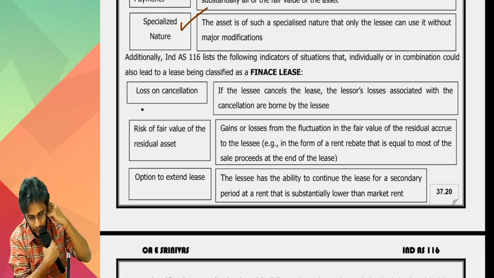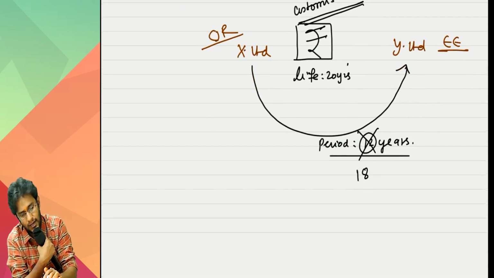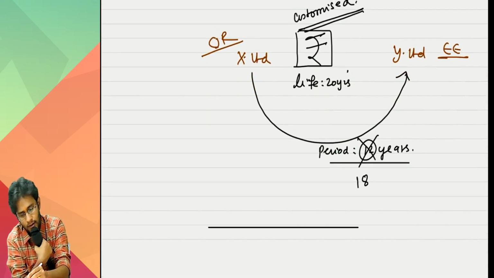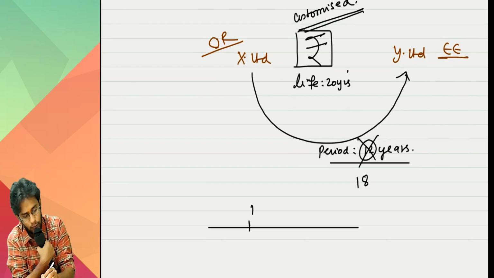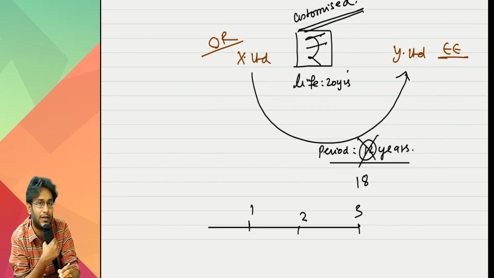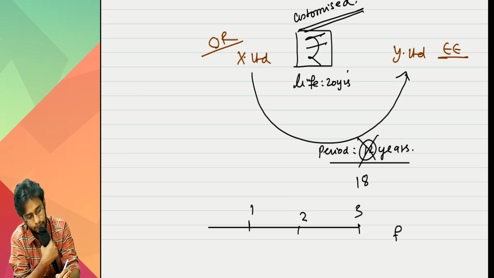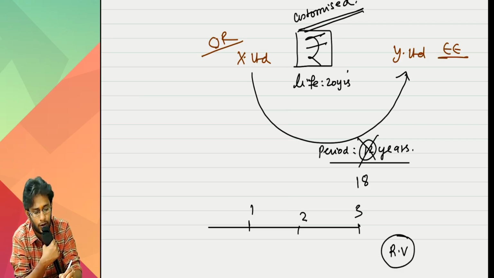Next one. Risk in fair value of the asset. Suppose the lease period is over, 1, 2, 3. By the end of the 3rd year, when the asset comes back to the lessor in a used condition, we will work out the residual value of the asset. Let's say the residual value is 10,000 rupees.